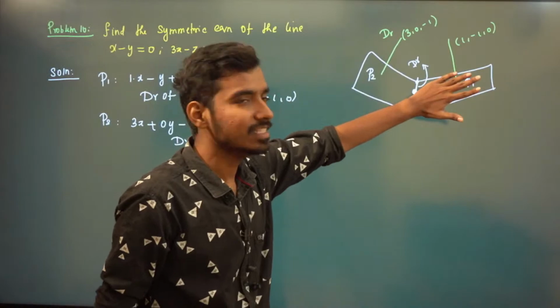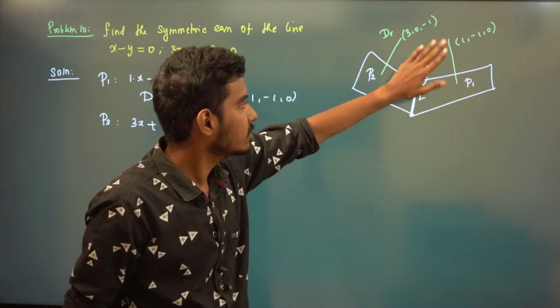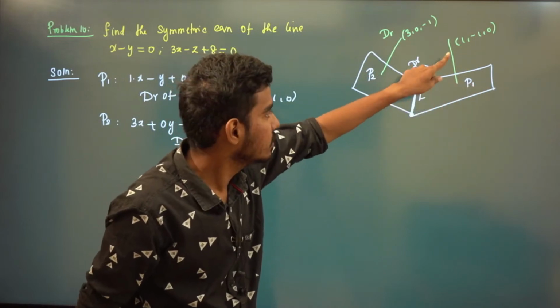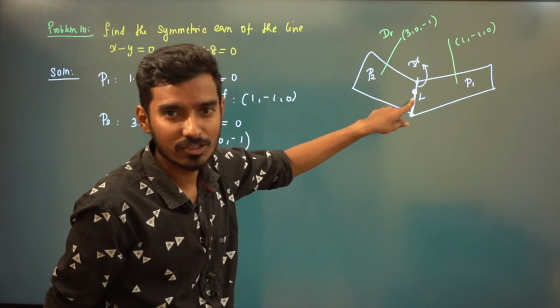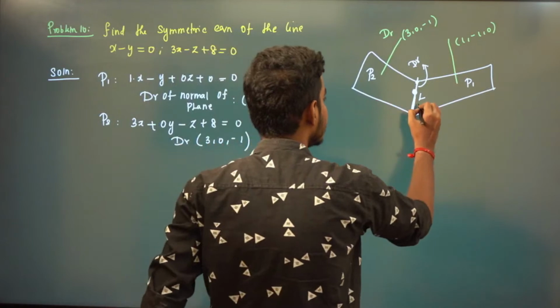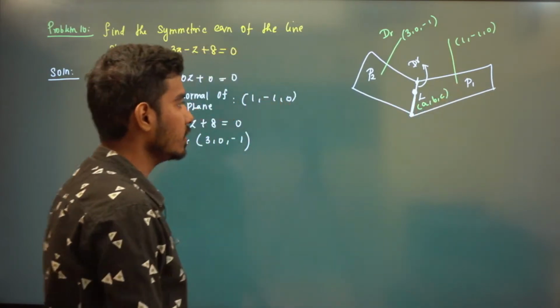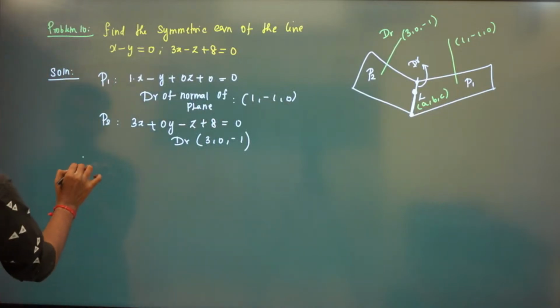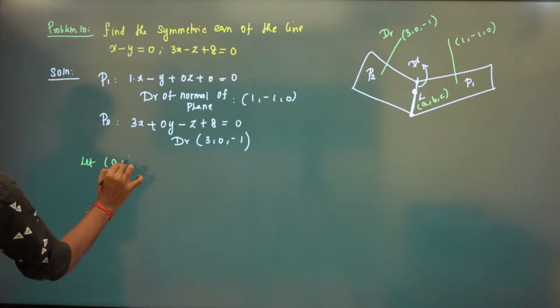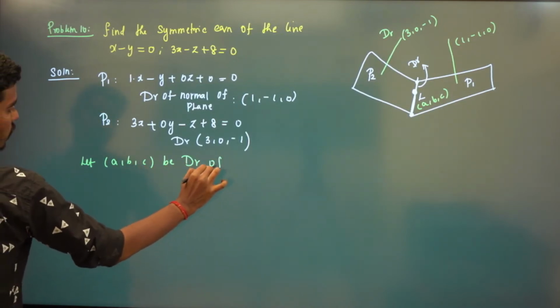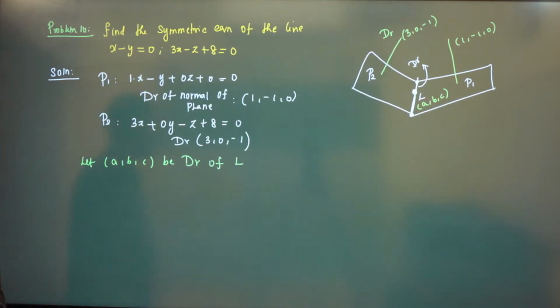This L lies in P1 and this is perpendicular to the plane itself. That means this will be perpendicular to this line also. So let a comma b comma c be the direction ratio of the line L which we are going to find.